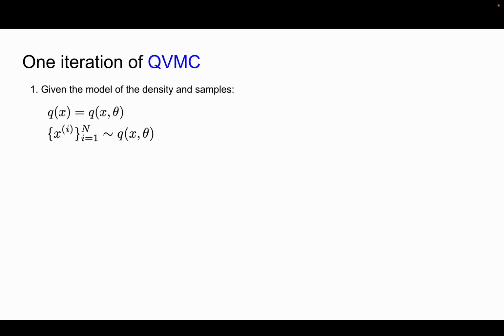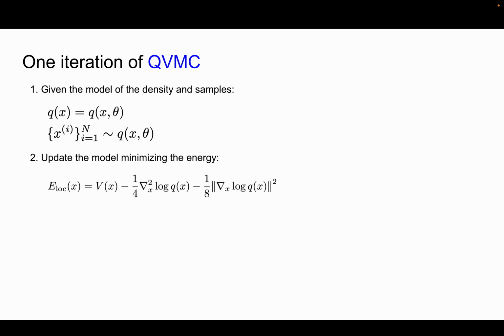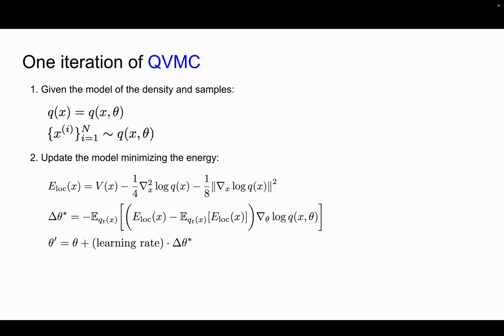Then we collect samples from this density using Markov chain Monte Carlo algorithms. And then we update our parameters as follows. First, we evaluate the local energy. Then we evaluate the parameter update. And then we just update our parameters with some learning rate.